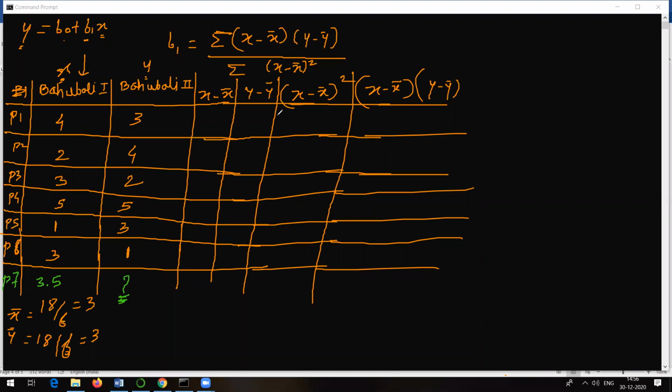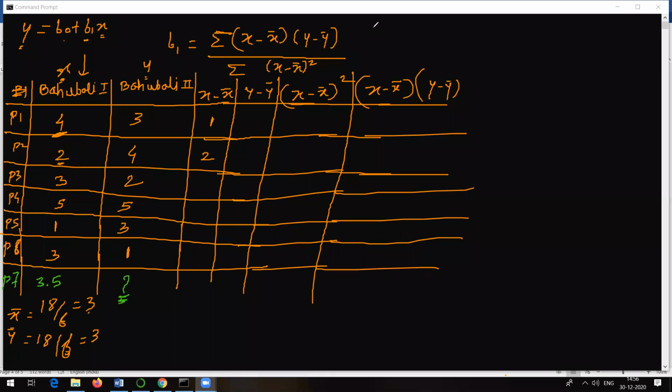So what is x minus x bar? Value of x is 4. Value of x bar is what? 3. So 4 minus 3 is 1. Similarly, 2 minus 3 is minus 1.